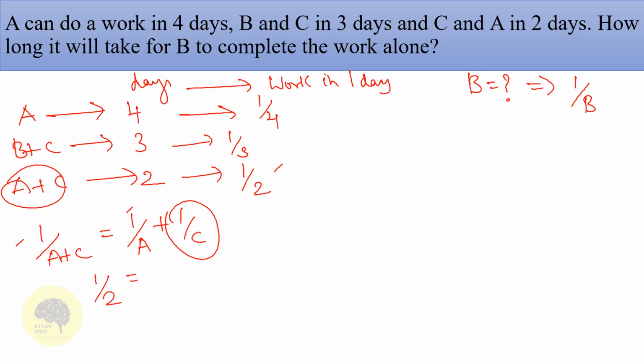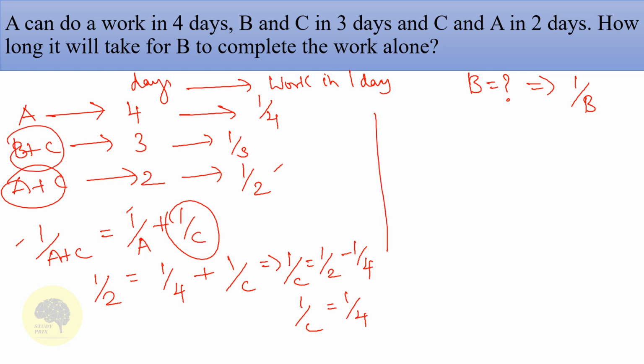Therefore, 1 by 2 is equal to work done by A in 1 day, 1 by 4, plus work done by C in 1 day. Therefore, work done by C in 1 day is nothing but 1 by 2 minus 1 by 4, and we will get 1 by 4. Therefore, 1 by 4 amount of work can be done by C in 1 day.